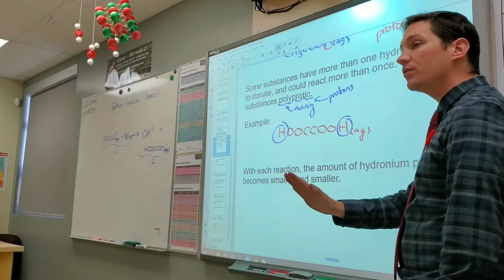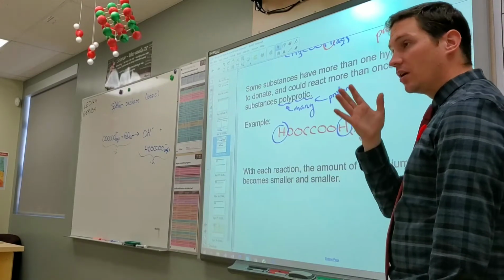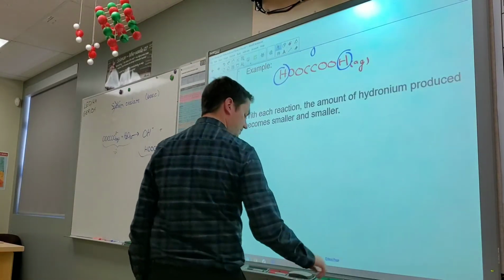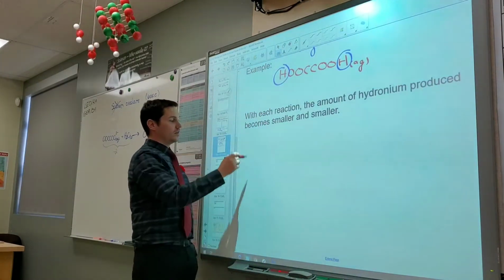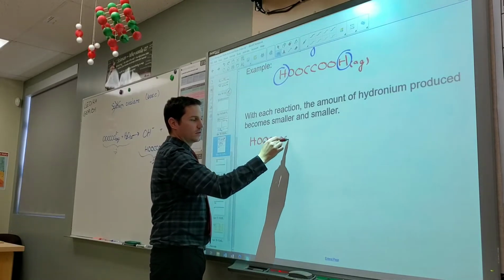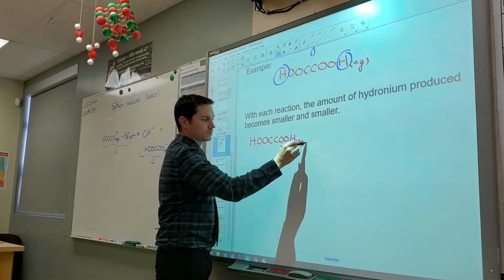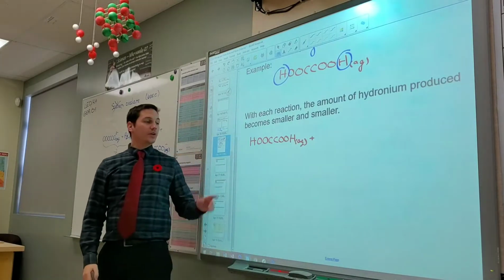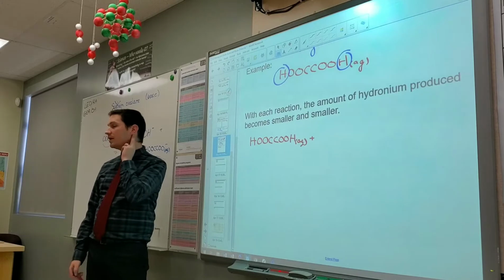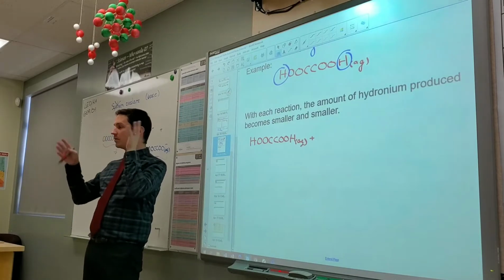So I'm going to write out a reaction, and I want you to pay attention to some of the finer details. So let's say we've got our oxalic acid. I'm going to react this with about as strong of a base as I can possibly think of. What is the essence of base in your mind?